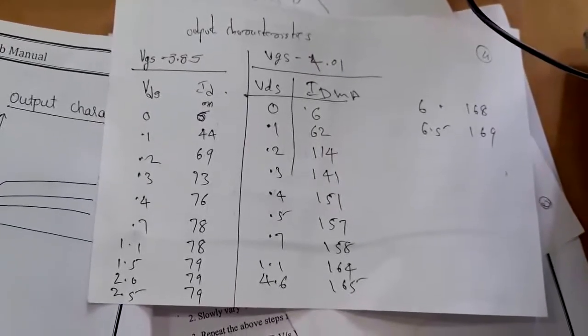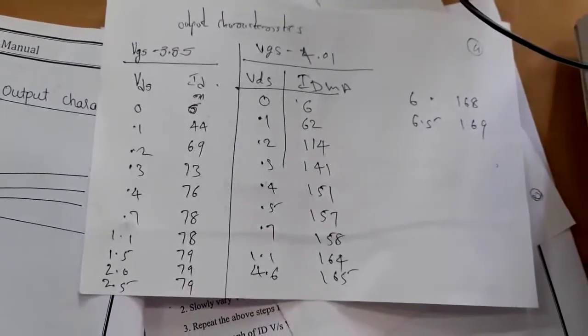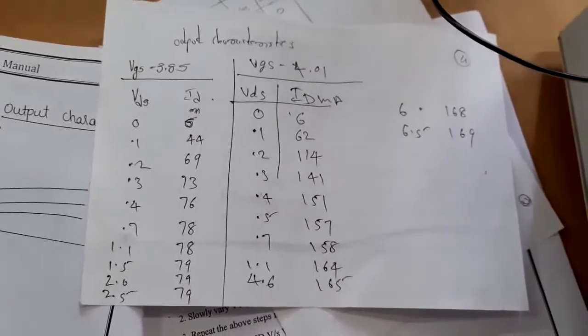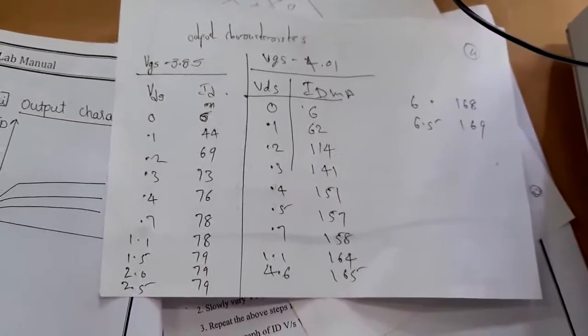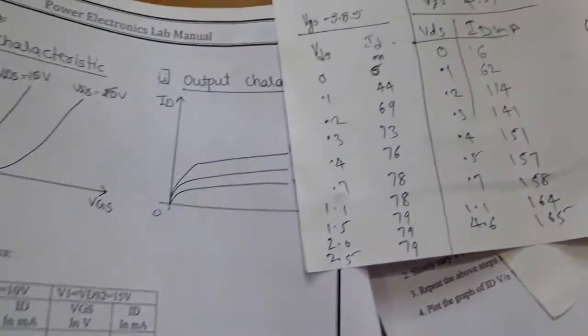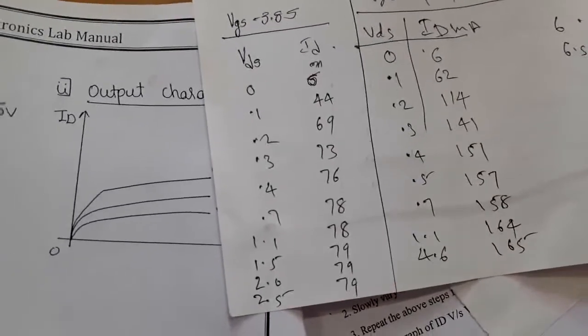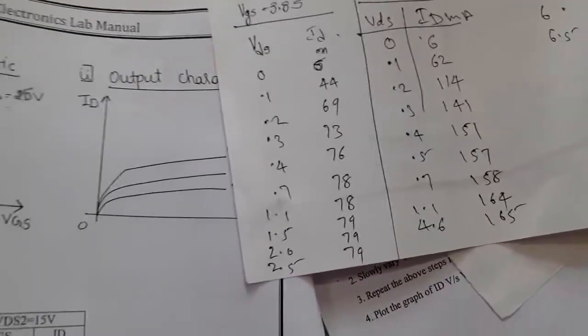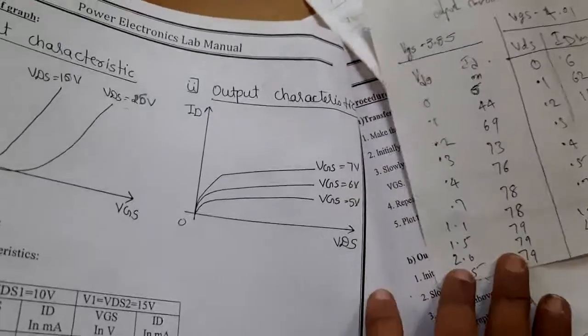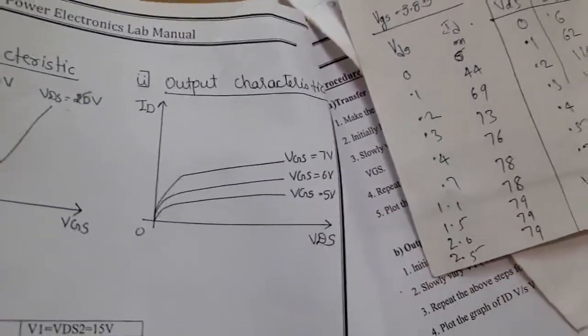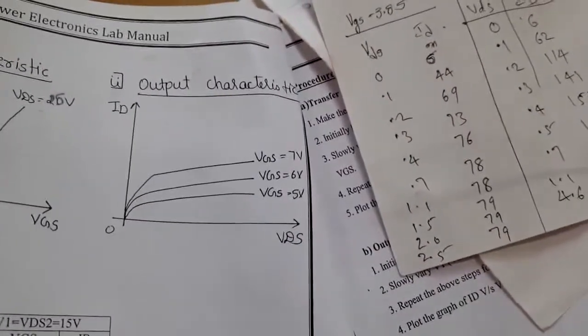Right? So everywhere you are seeing a proportional, with higher VGS, you are seeing higher ID. So that is our conclusion. When we plot the graph, we are going to get the characteristics like this, the output characteristics, ID versus VDS. Okay, so this is what the experiment is all about.